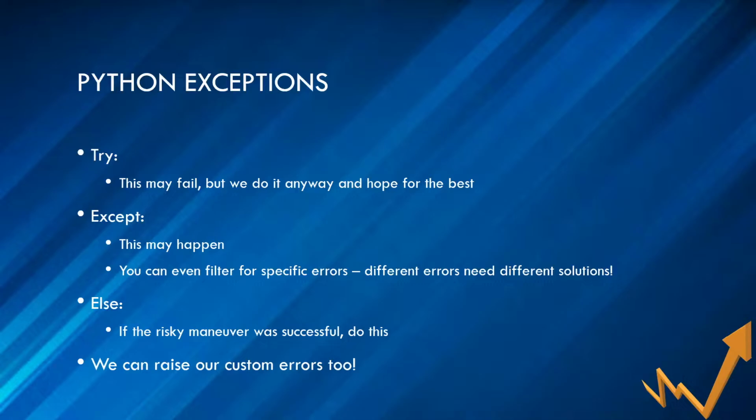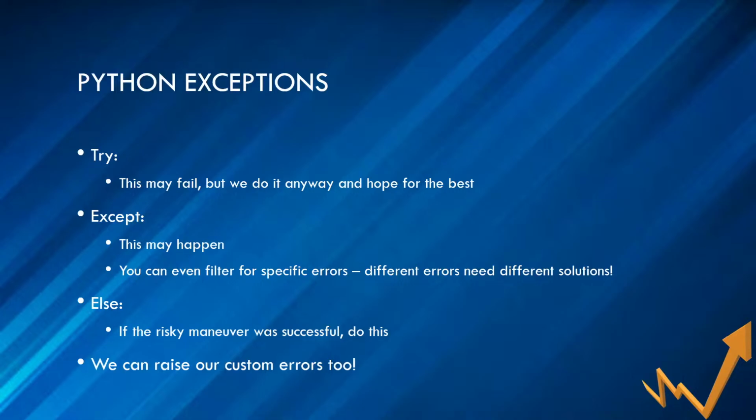This means that if this fails, we can handle the errors thrown or raised here. We know that, for example, opening a file can fail. So we try to do this here, as the name says, and we accept some problems later.